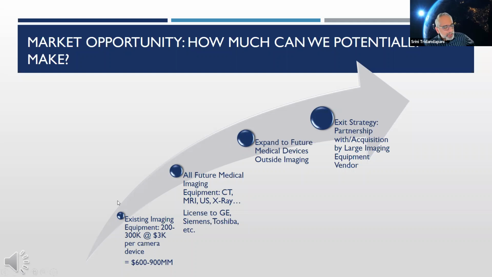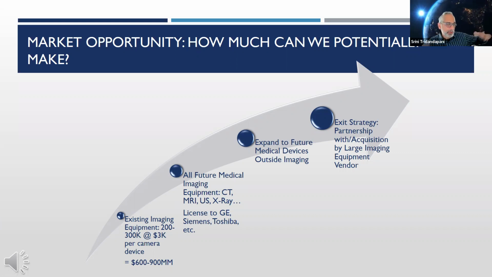And they were grounded in some reality, which is, we went ahead and did the research. We found out how many existing medical imaging devices there were. And it turned out there were between 200 and 300,000 existing imaging devices. And if we were to charge about $3,000 per camera, that was going to be a 600 to 900 million market.